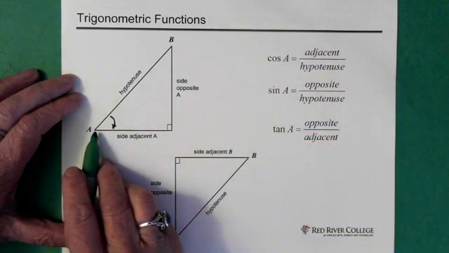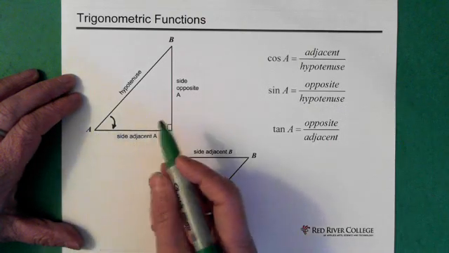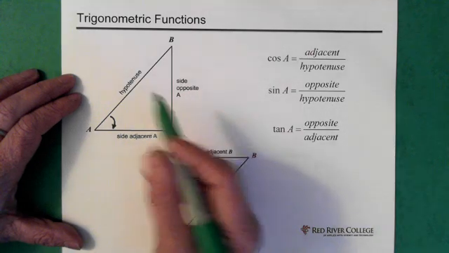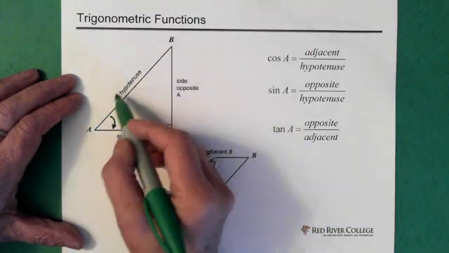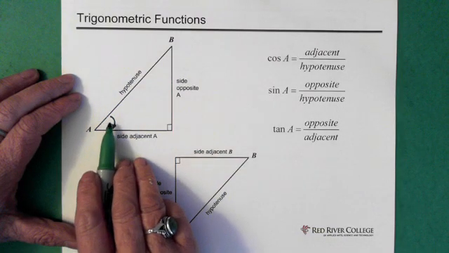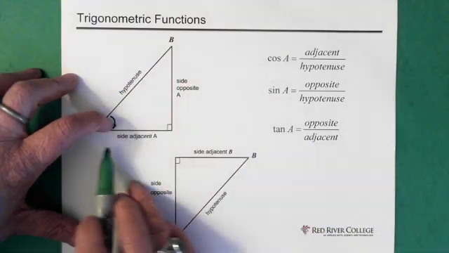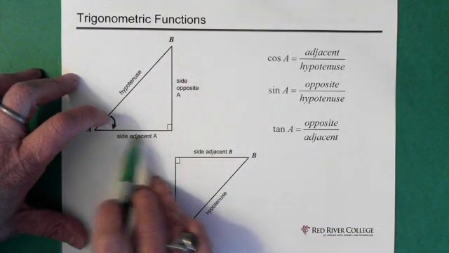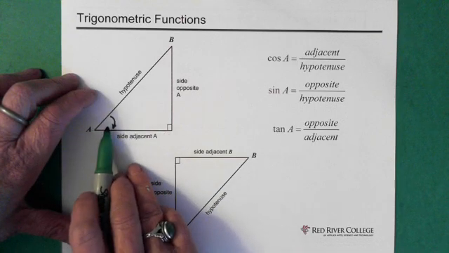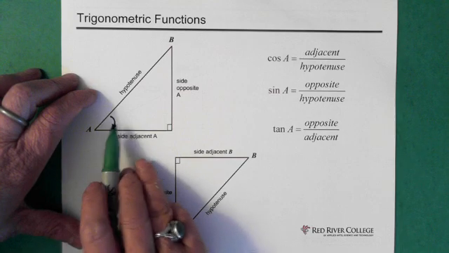Now the side that's adjacent to A is, when I'm explaining it to a student, I say, imagine that you're standing in a room that looks like this triangle. And you're the angle here, standing in the room, and someone's looking down. So this wall in that room is the side that's adjacent to the angle, or adjacent to you if you're standing in this room.